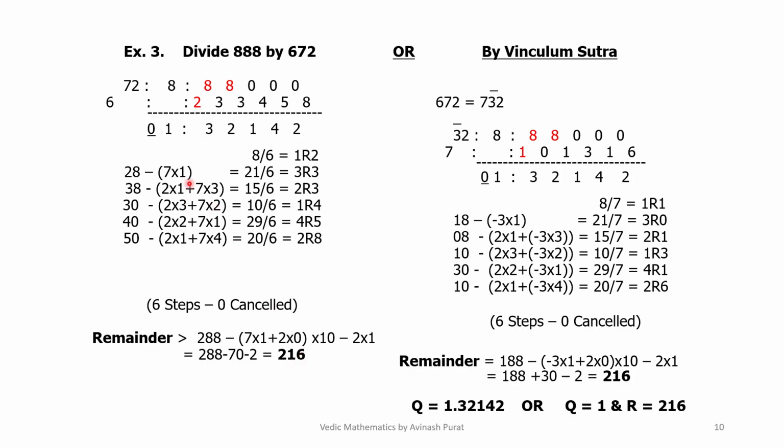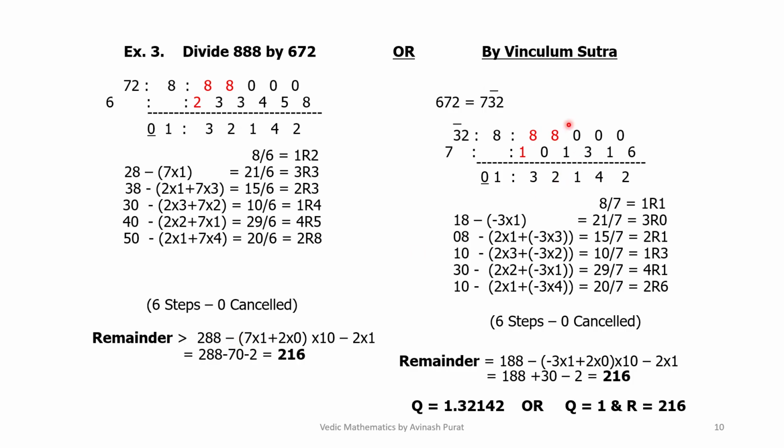In this case 8 is before the decimal point, there is only one digit, so we have considered 0, which is not in the division at all. That is a consideration only for the remainder.